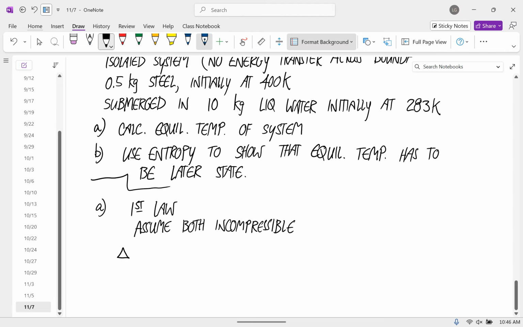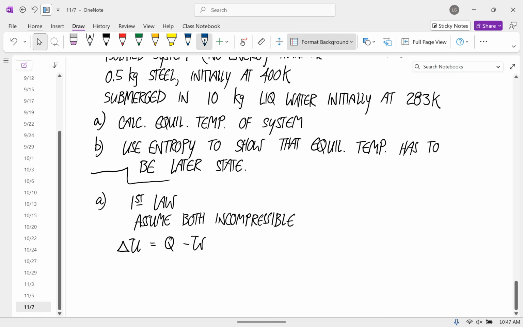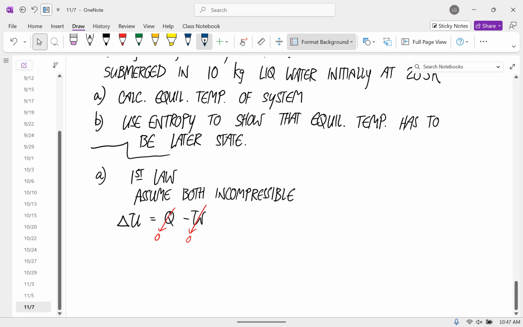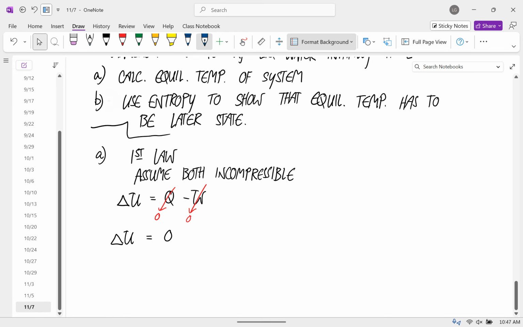And so the first law says the change in internal energy is equal to Q minus W. Since this is an isolated system, these are both 0. And so the total internal energy change has to be 0. So it's insulated, plus there's also no power coming in of any kind, no work coming in.